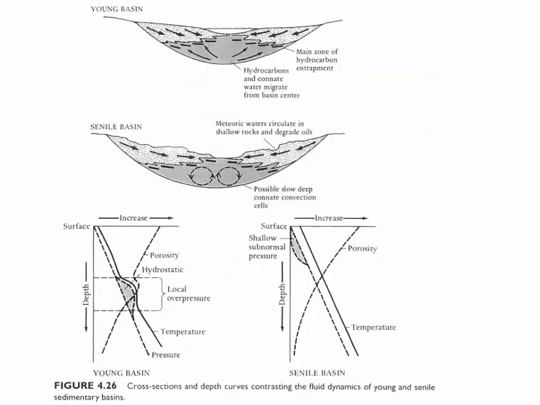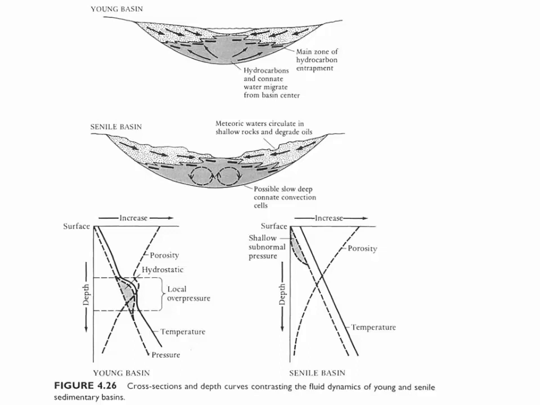So this is the comparison between the young basin and the old basin. In the young basin, you have meteoric water coming in and circulating, and hydrocarbon and connate water migrate from the basin center.